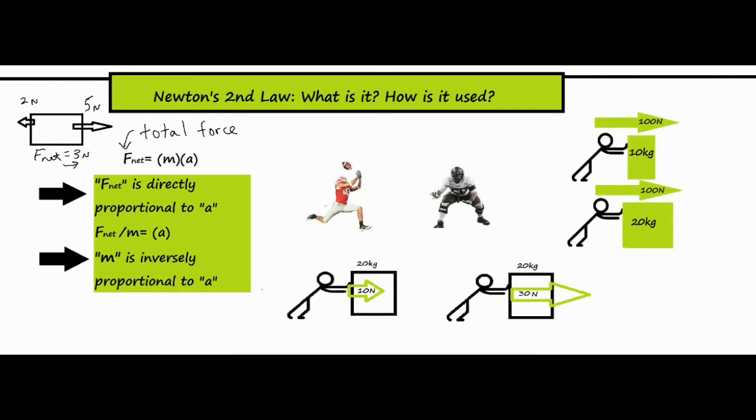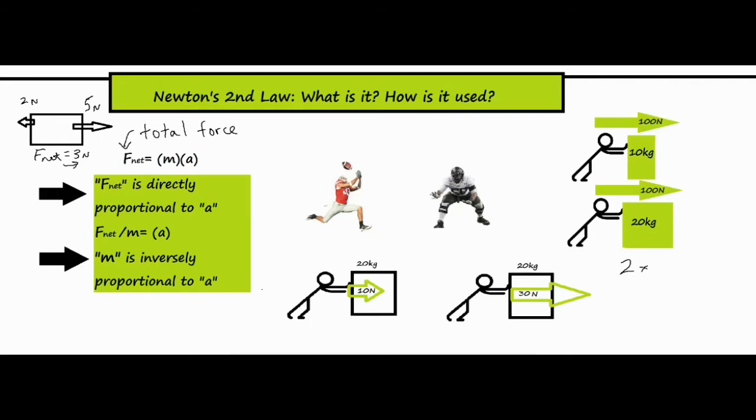All right, so let's go ahead and take a look at some of those relationships that were mentioned in this box over here. So the first one is we have 2 of these scenarios here where the force being applied to the right is 100 newtons for both of them. So the force is staying constant, but the mass of our box is changing from 10 grams to 20 grams. So we have 2 times the mass.